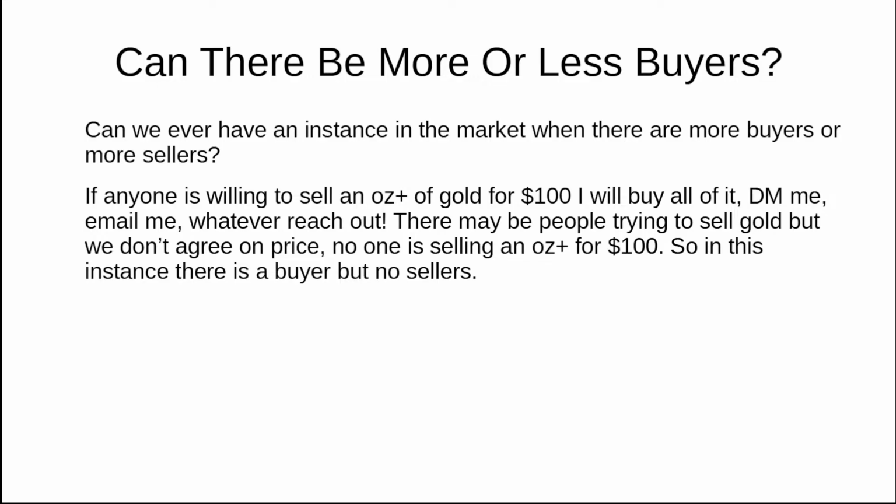There's probably people trying to sell gold, or I know for a fact there's people selling gold today. But nobody is willing to sell an ounce or more for $100. So even though there is a buyer, me in this case, willing to buy an ounce or more for $100, nobody's willing to sell it to me for that price. So in this instance, I'm buying, but nobody's willing to sell at that price, right?